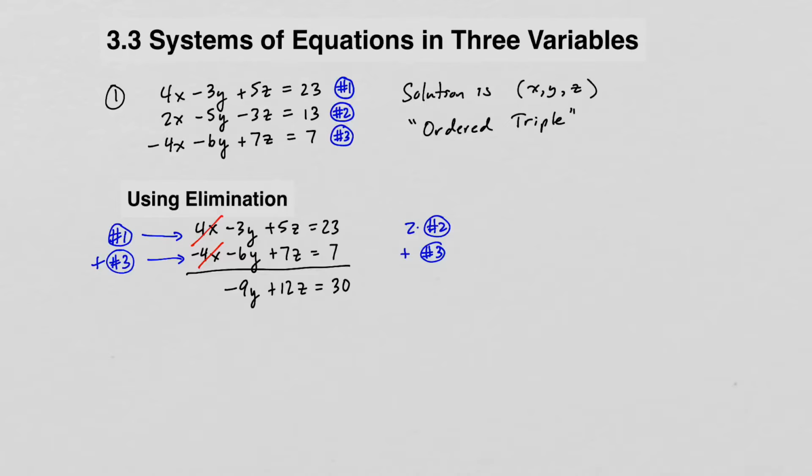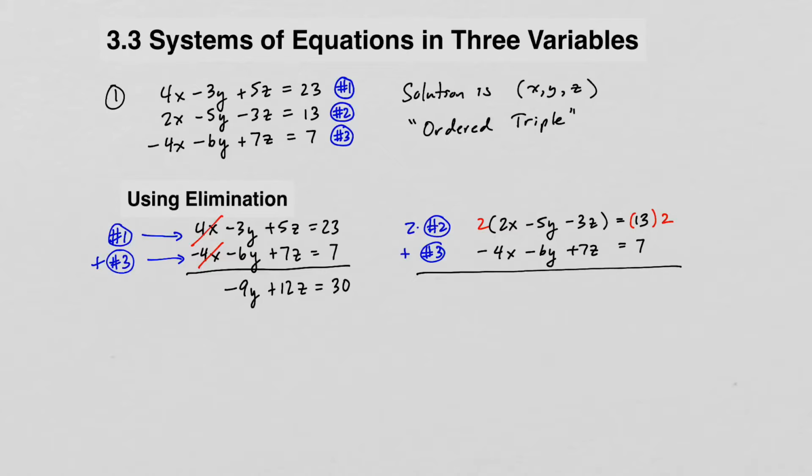So here goes. Multiplying equation number 2 by 2 means we're going to take the second equation and multiply both sides by 2. And then we're going to add that to the third equation. Now there's one step that we need to do before we actually add.